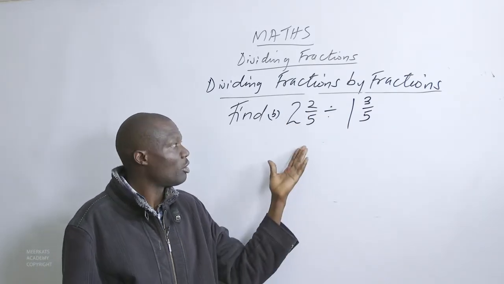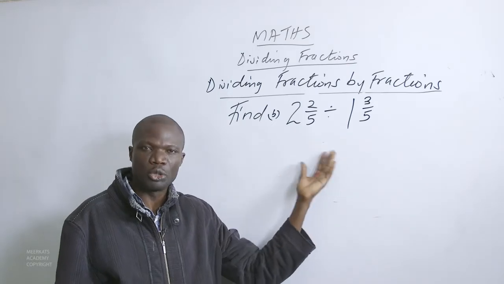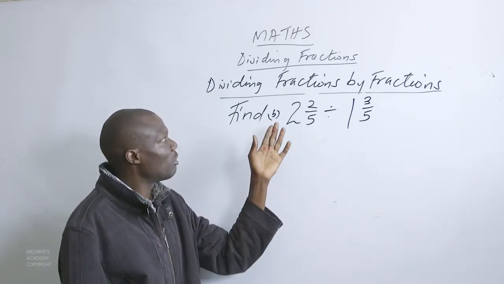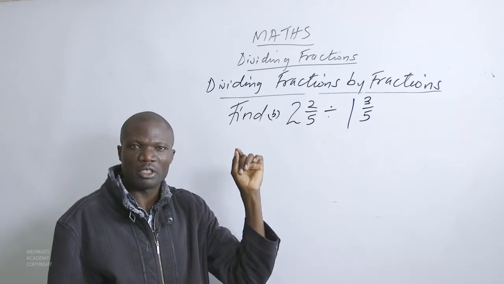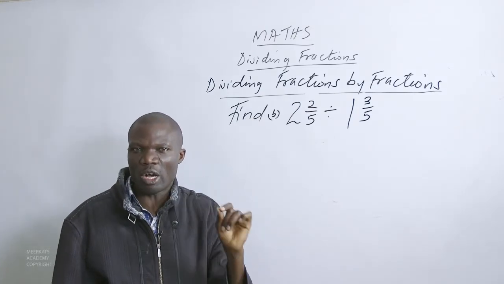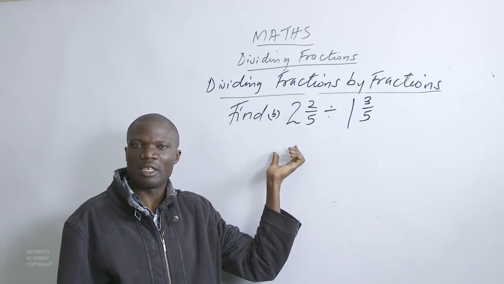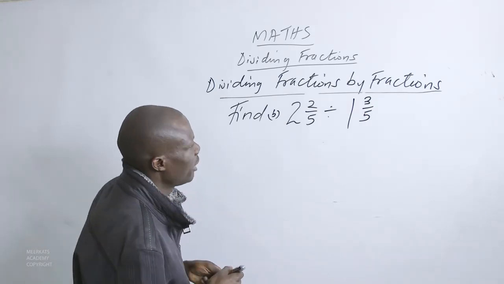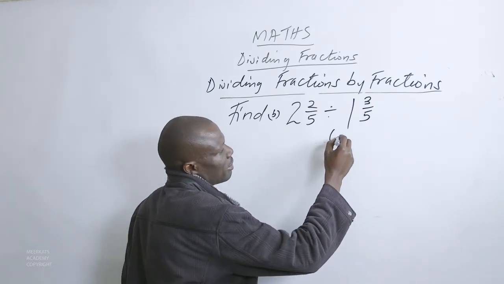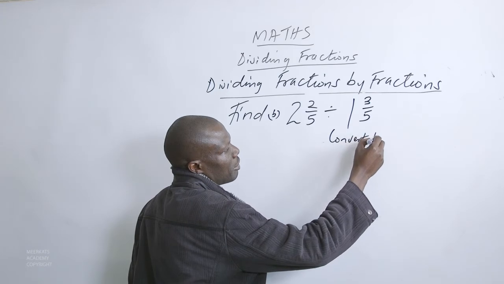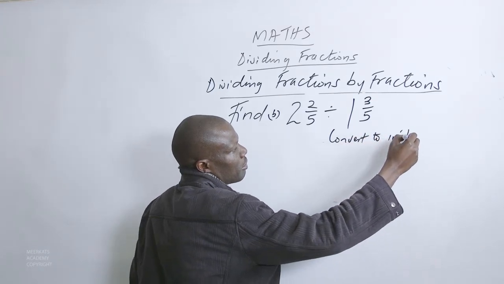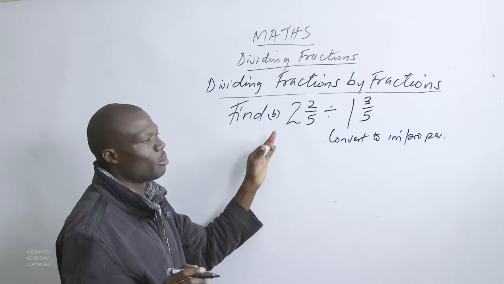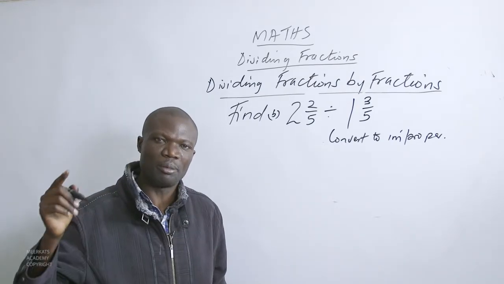You'll realize that both are mixed numerals, and we cannot divide fractions when they are in mixed numeral form. So first of all, we shall need to convert both of them into improper fractions.